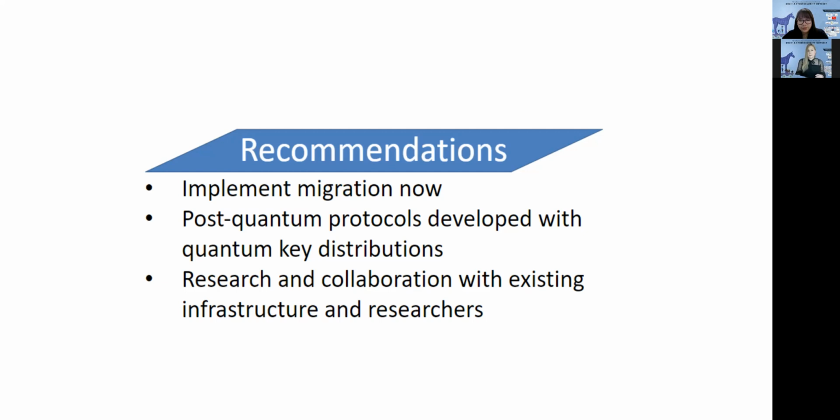Okay, and then the last point, we have research. So research and collaboration has to be done with our existing infrastructure and existing research. And so the main focus would be the differences in key and signature sizes, as well as memory, processing cycles, and network latencies, as those all differ from our current encryption standards.